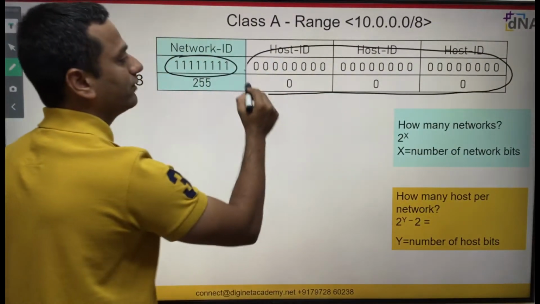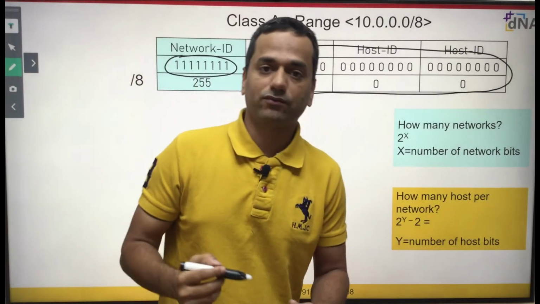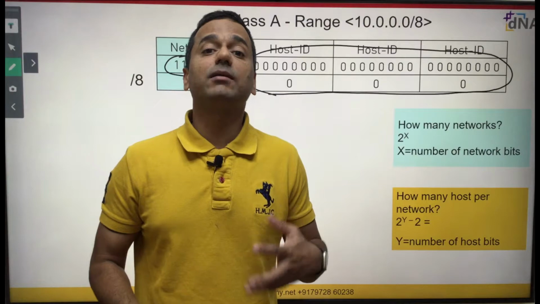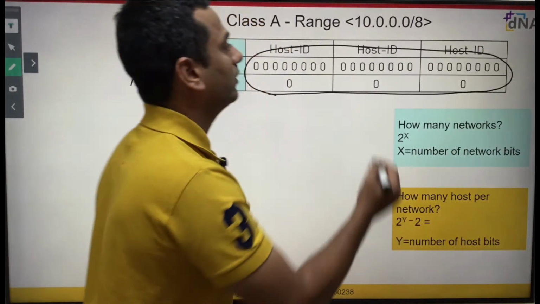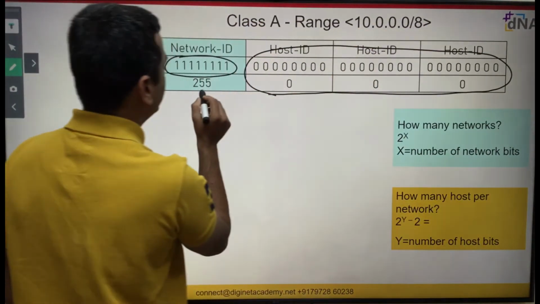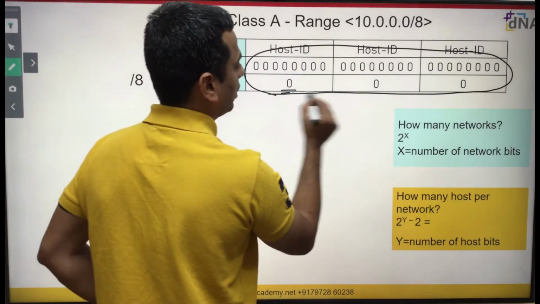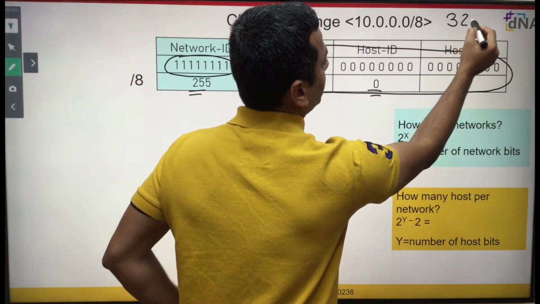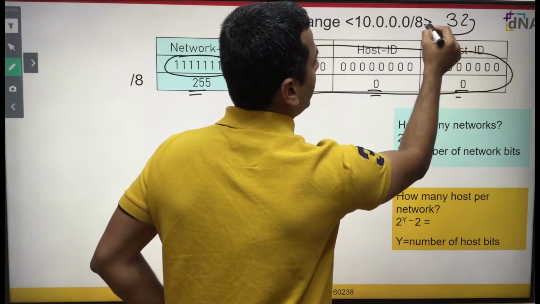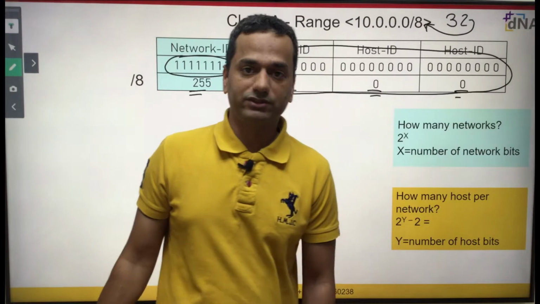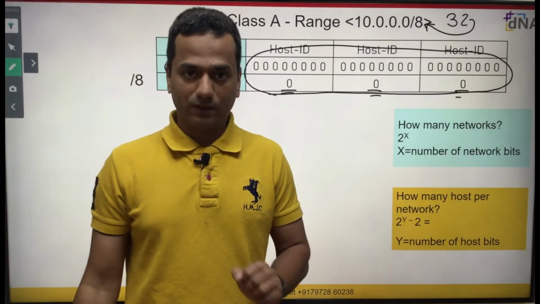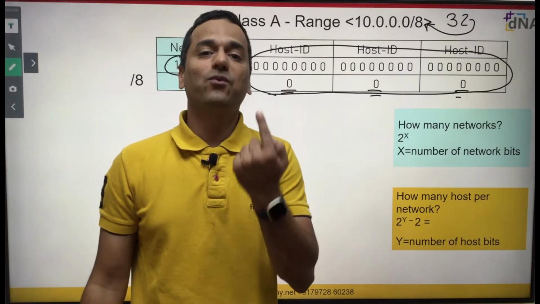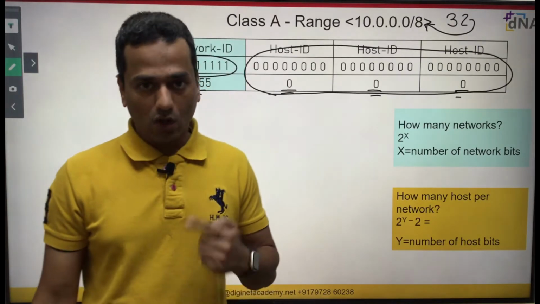These 24 bits I can borrow from the host portion for subnetting. So when I say /8, it means 255.0.0.0. Out of 32 bits I have 8 bits for a major network, which is my class A.